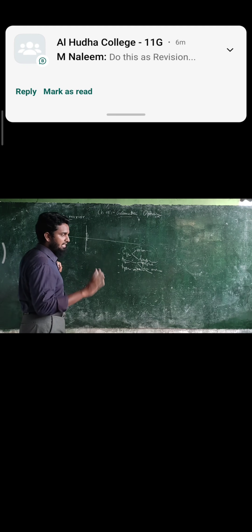Third, the type of the image. There are two types of images. One type is a real image. Real image means by real rays: if you obtain an image by real rays, that image is known as a real image.